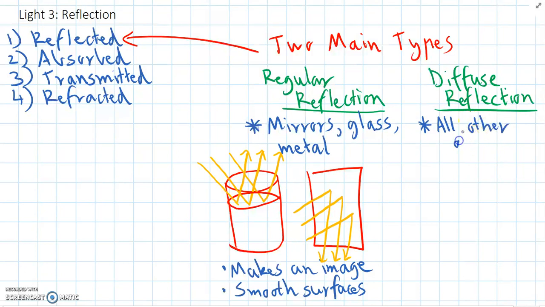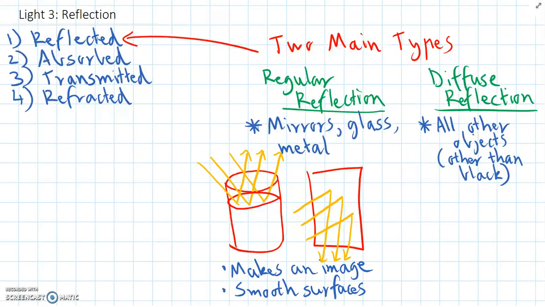So all other objects, unless they are perfectly black. So other than completely black objects. Because black objects absorb all the light and they don't reflect anything at all.